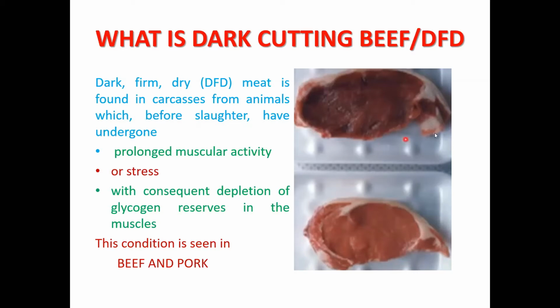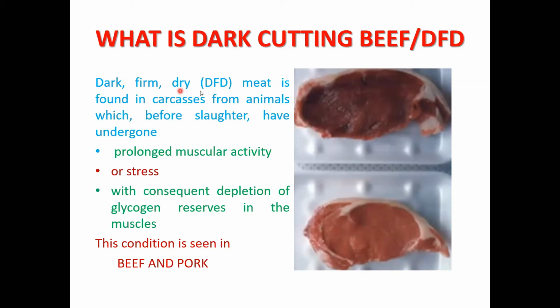So why does this condition occur? When you put the animal under a long duration of stress, I repeat, long duration of stress before slaughter, then we can come across this type of condition.